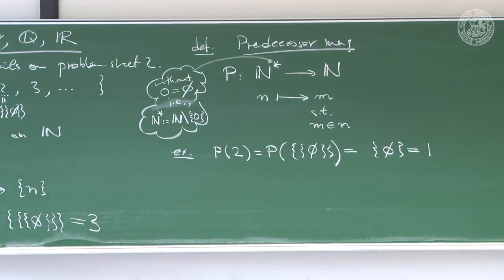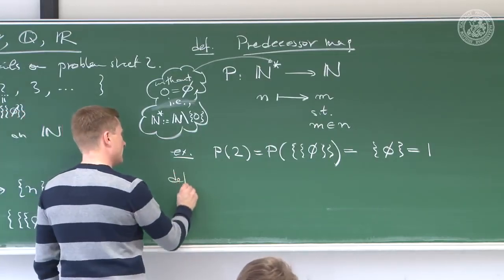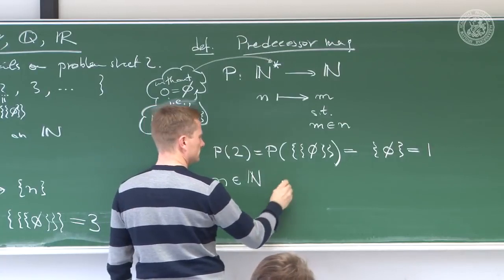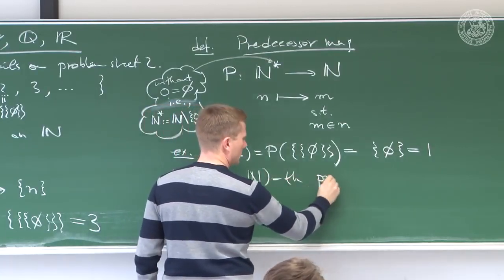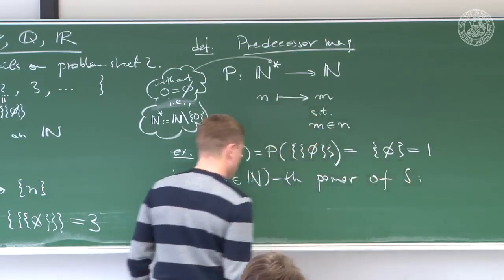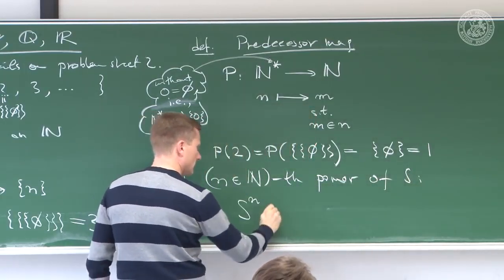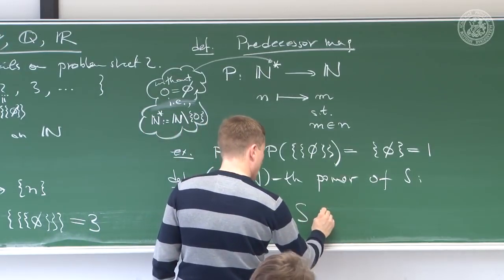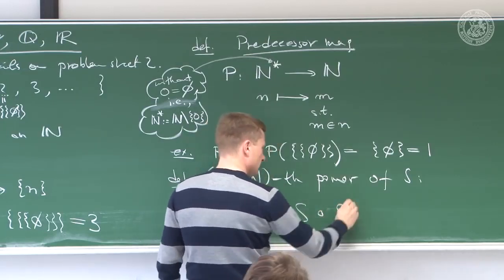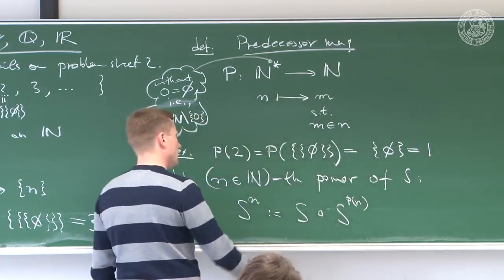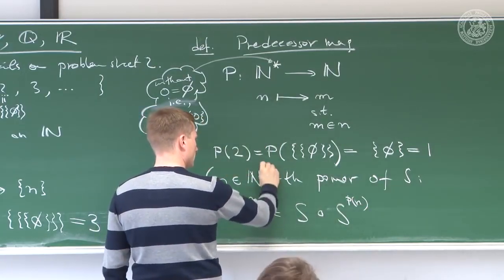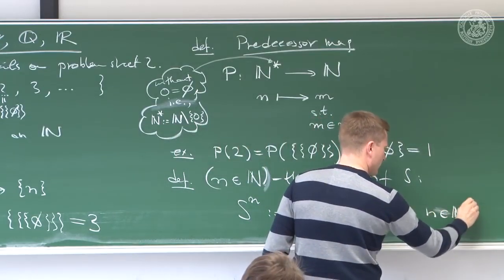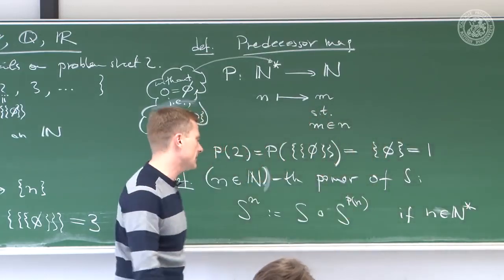Okay, so we have the successor map, we have the predecessor map, and now we can define the n-th power of the successor map, and that is S to the n. What kind of guy is this? Well, it's defined as S after S^(n-1), that is S applied after S to the power of the predecessor of n, if n indeed comes from N star, because only then can I write this.